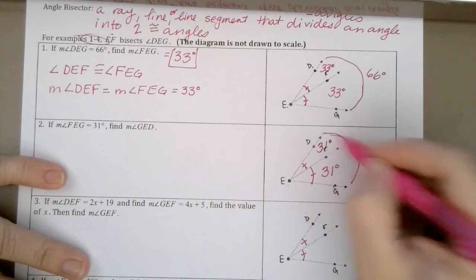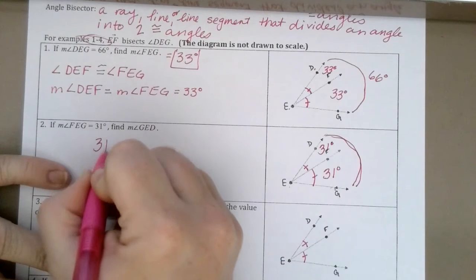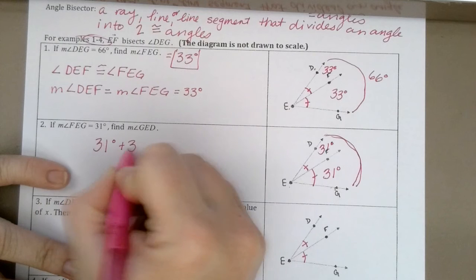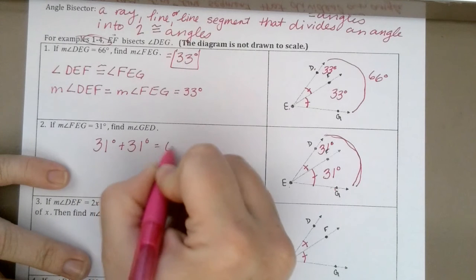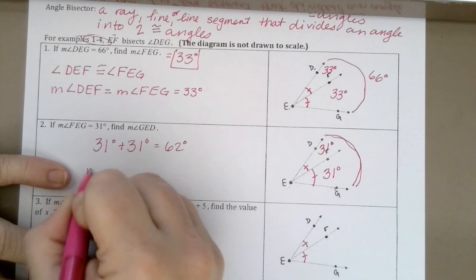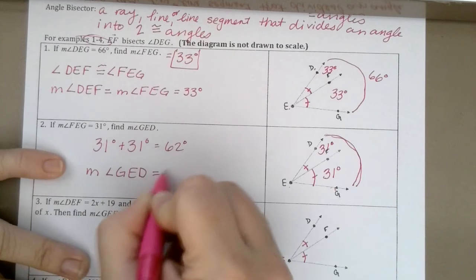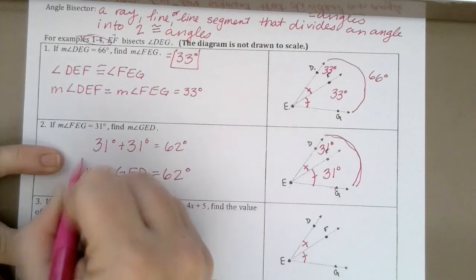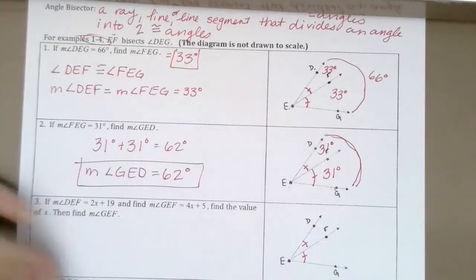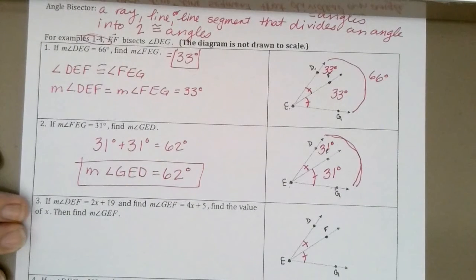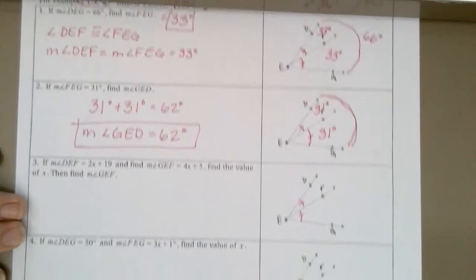So together, 31 degrees plus 31 degrees, 62 degrees. So the measure of angle GED is 62 degrees. Pretty easy. Okay. Let's move on to some without numbers.